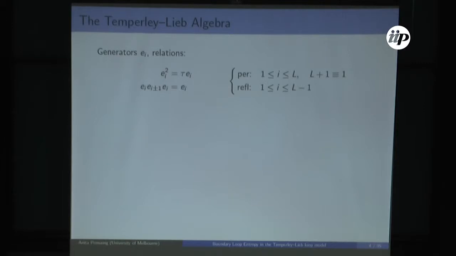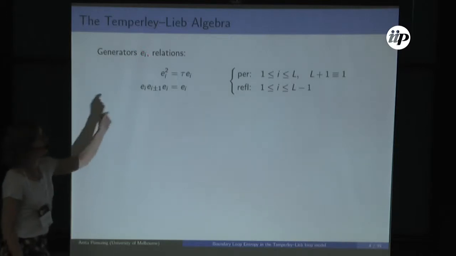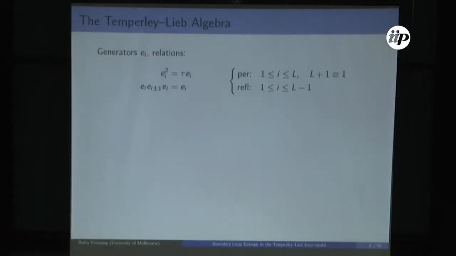So the Temperley-Lieb algebra is generated by these e_i, and before Vladimir says anything, I have used i to also mean the imaginary number, but in one place. We have an e_i for each pair of sites, every neighboring pair of sites.